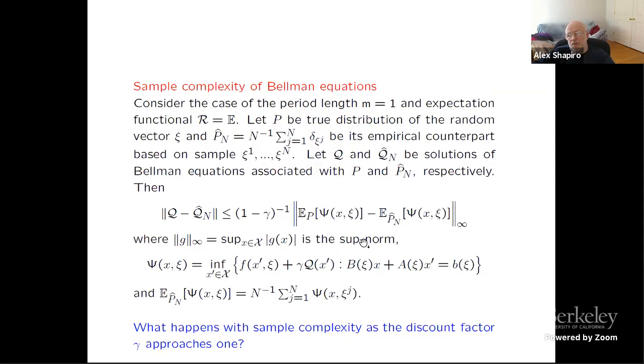We have the corresponding process here, which repeats itself, but it has a continuous distribution. We need to discretize that, suppose by sampling. By using this discretization, we approximate the true cost-to-go function, which is the solution of the corresponding Bellman equation, by this sample approximation. It's not difficult to show that one has this type of inequality.